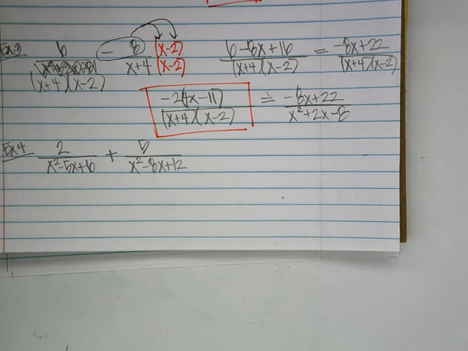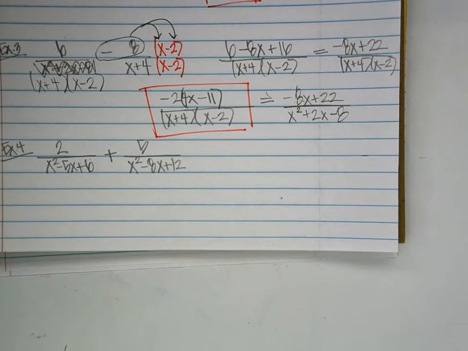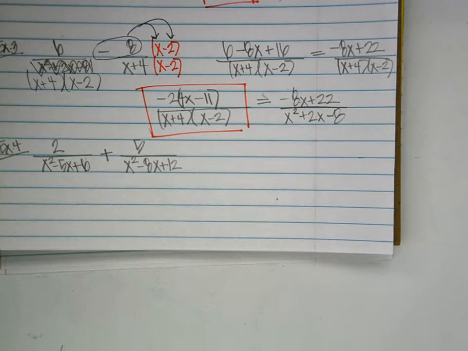So, to find the least common denominator, or the LCM, factor both of these denominators.